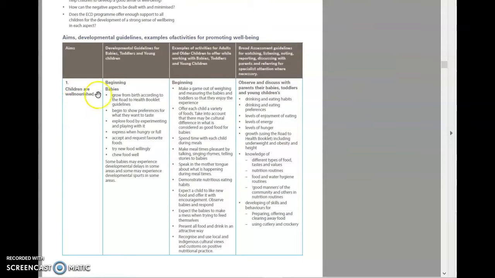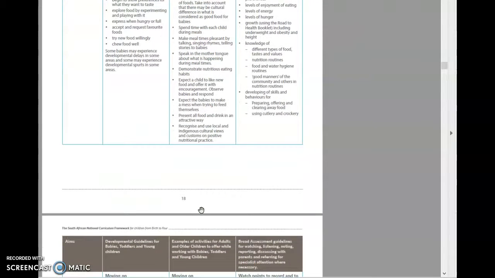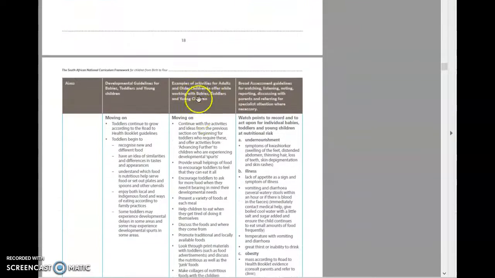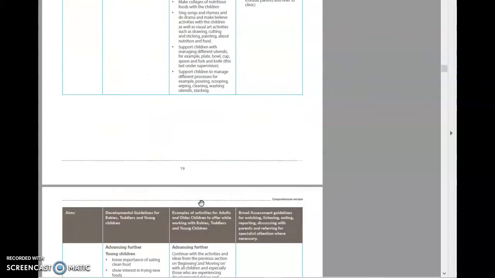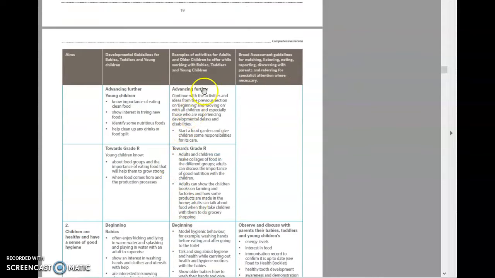For the first aim, children are well nourished, this column will give you example activities to offer when you work with those children. Those activities could also be suitable for the toddlers moving on, although there will be some new ideas listed. And then all the previous ideas will also be applicable to the young children advancing further, the 3 and 4 year olds.